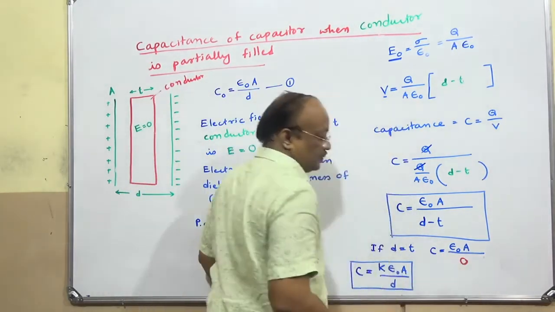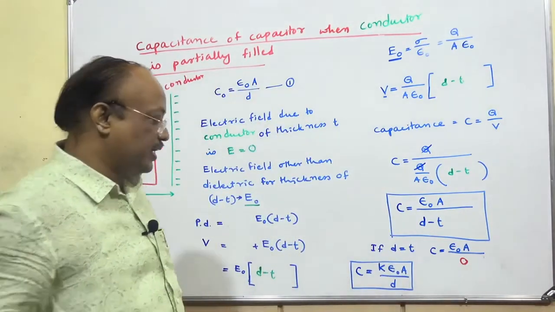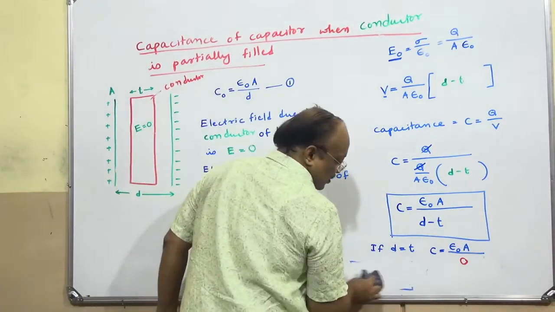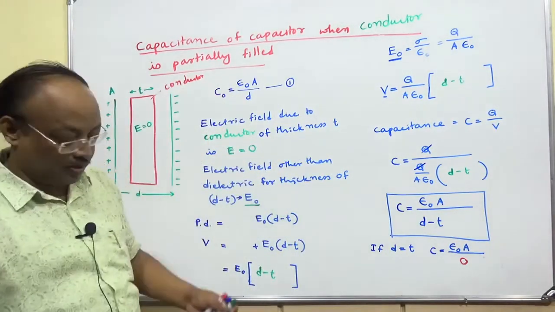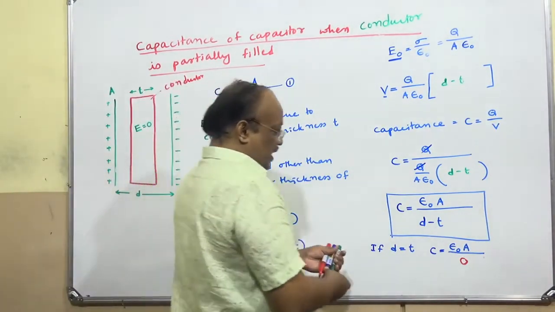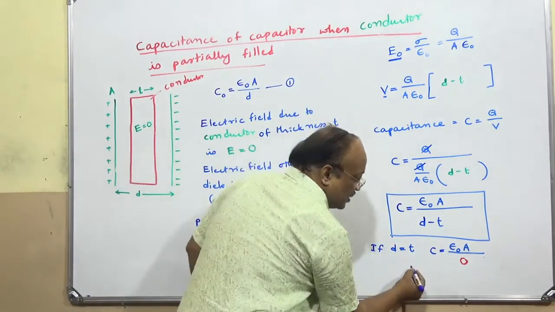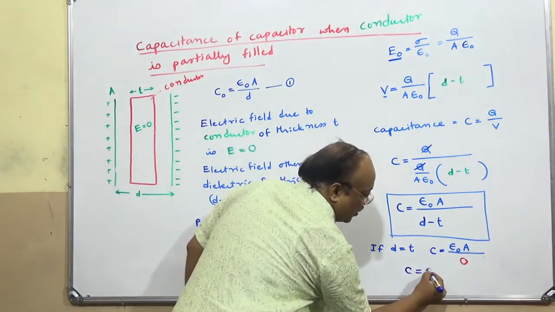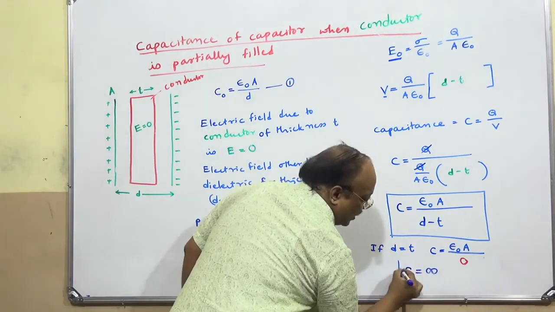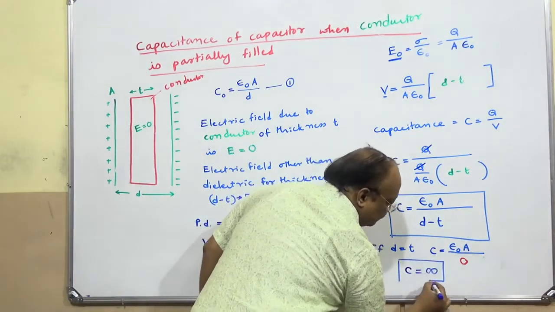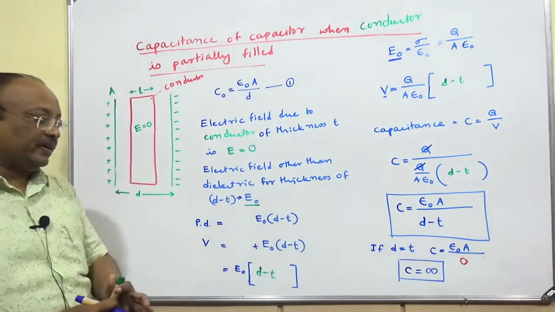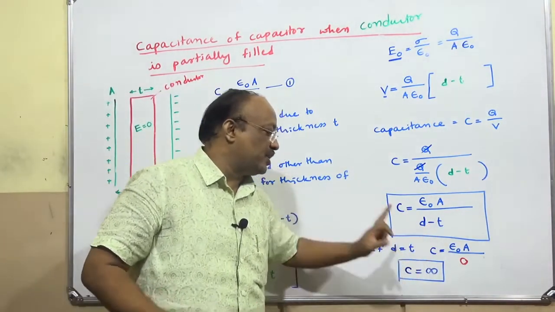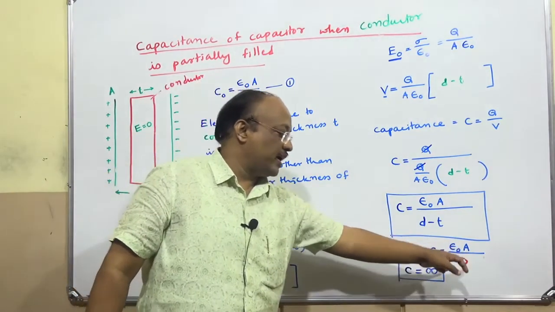So C becomes equal to infinity, epsilon naught A by 0.